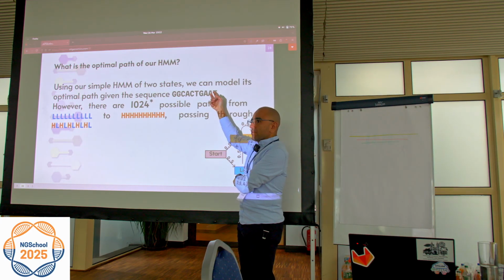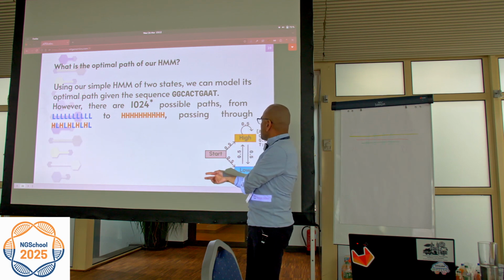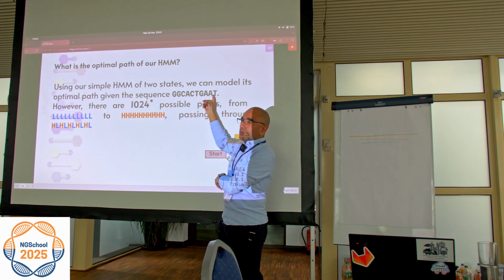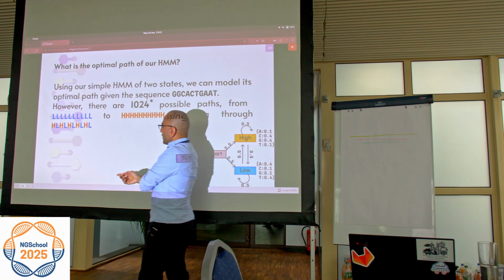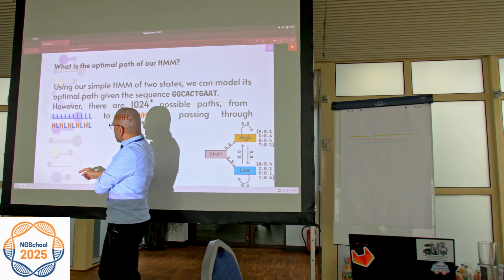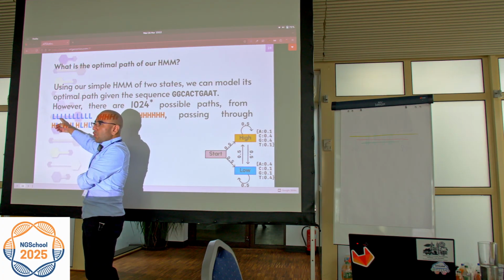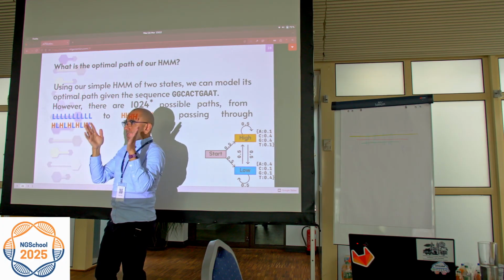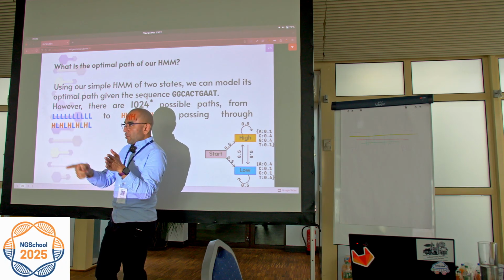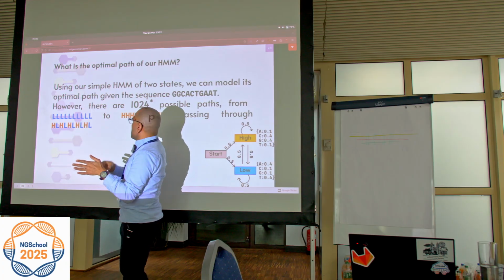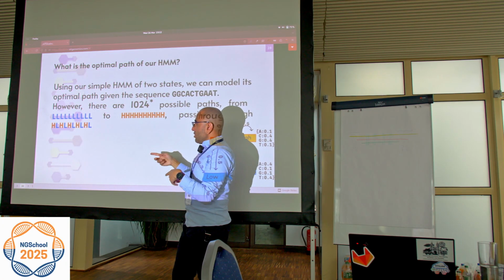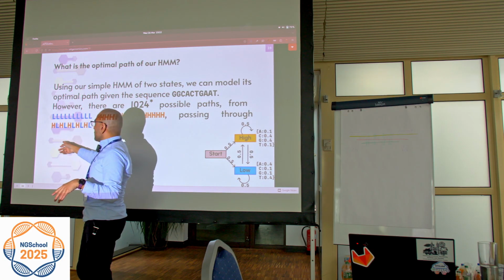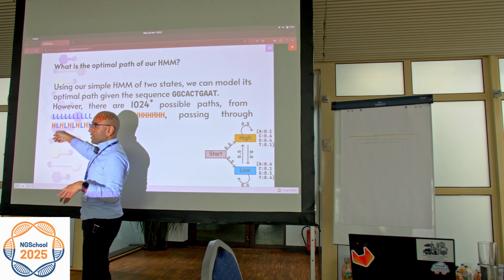We have two hidden states here being high and low, and we have 10 different positions. Any path can explain this sequence, from all of the transitions being it started in low and remained in low, low, low, to it started in high and remained in high, high, high, high. Or maybe even something alternating, like it started in high, then low, then high, then low, then high, then low.